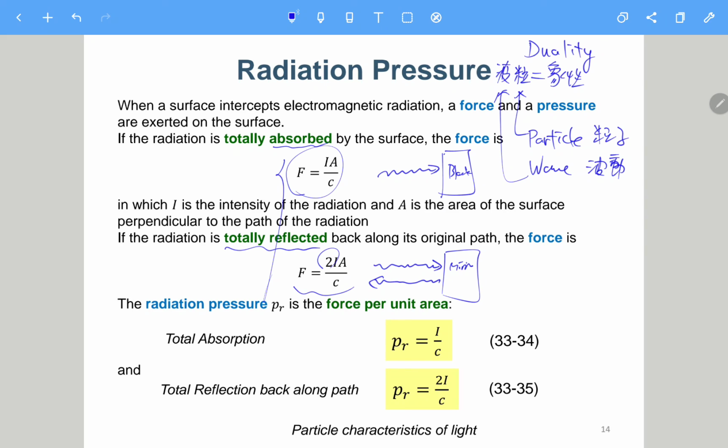It's just like a collision, it should have a conservation of momentum, which is a property of a particle. So that's why we have the factor of 2 there.